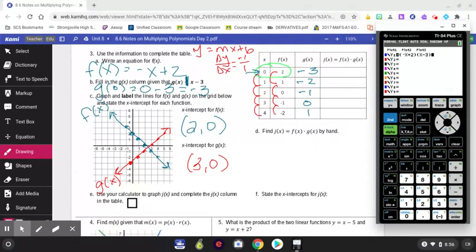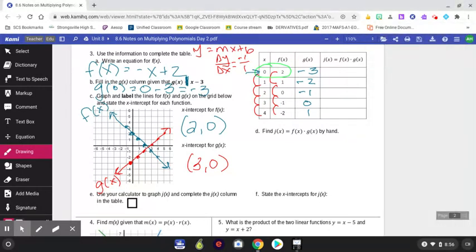And then once you multiply by hand, I'm going to let you guys do that. Once you multiply by hand in part D, you can type that result into Y2 to verify your answer, and you can use the table feature to help you graph. And then you're going to state the x-intercepts for j of x. And I'm going to let you guys do that because that's what we did on the front side, okay?